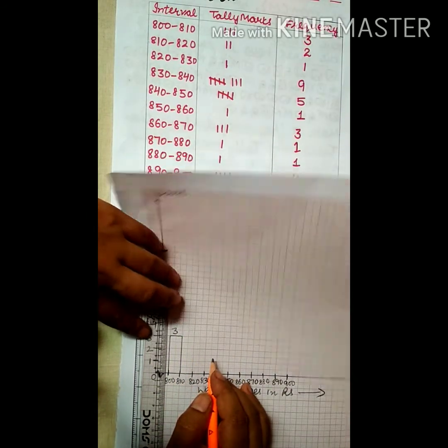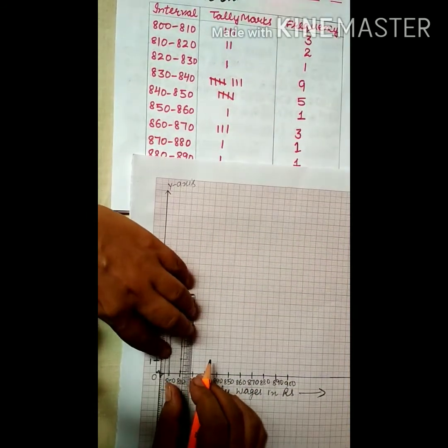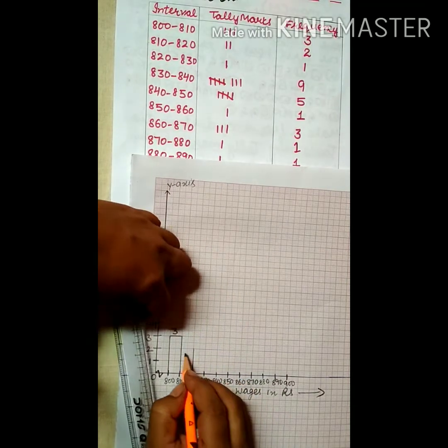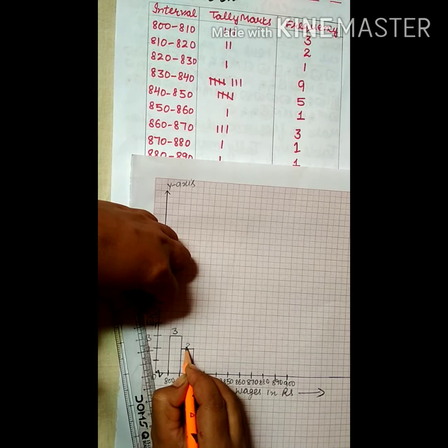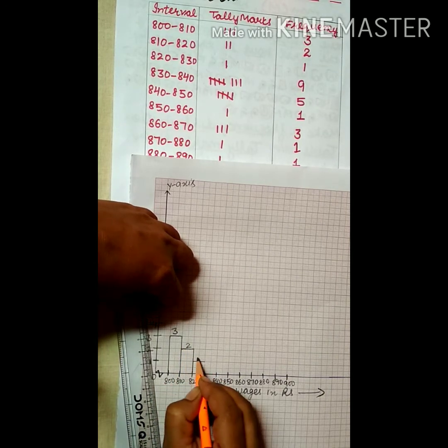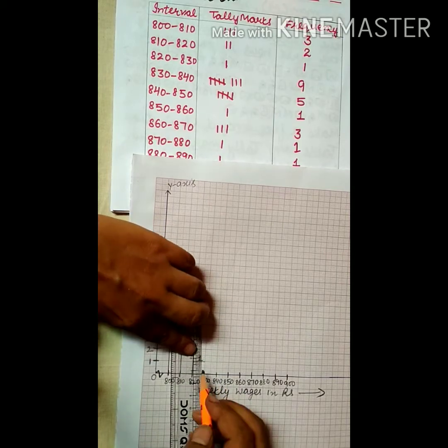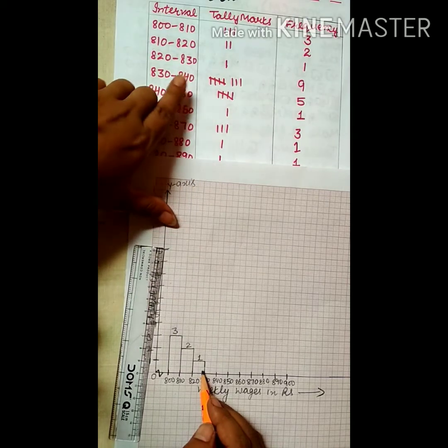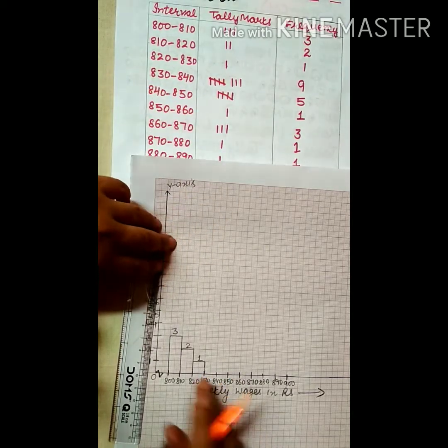Next 810 to 820, there are 2 persons only. So I will draw here till 2. Next one is 1 person. So I will simply write here 1, 820 to 830. There is only 1 person. Now then 830 to 840, there are 9 persons.